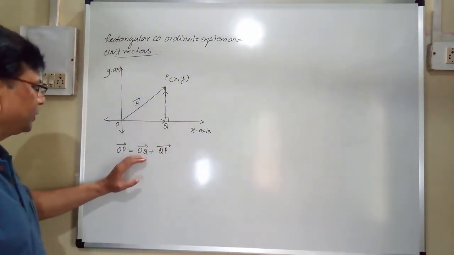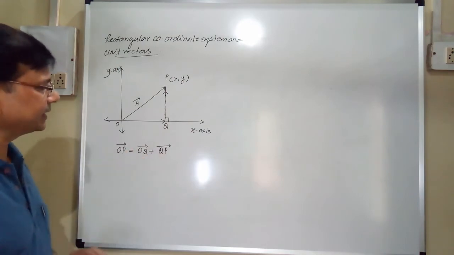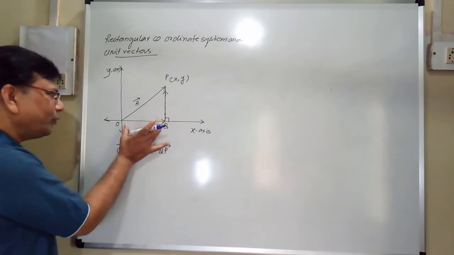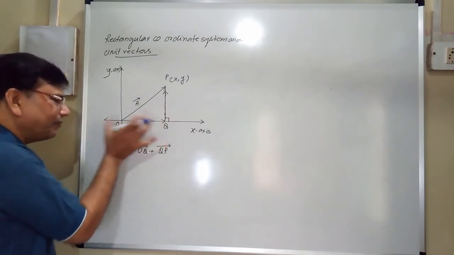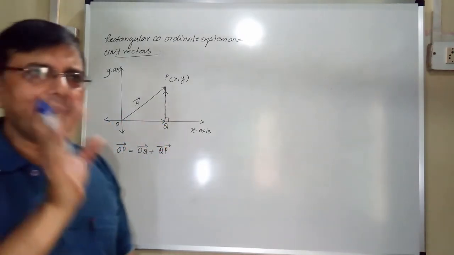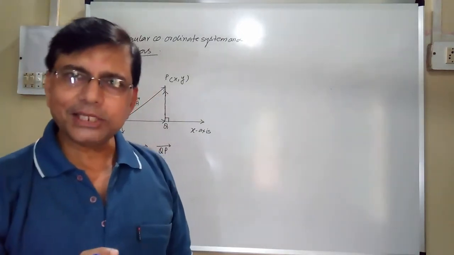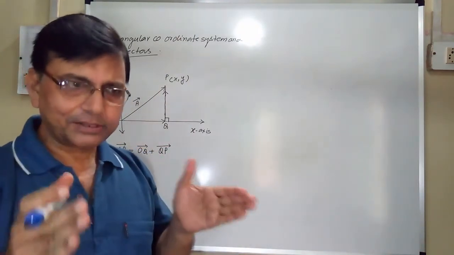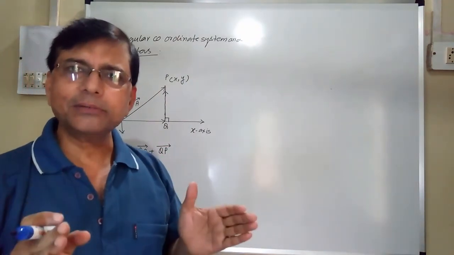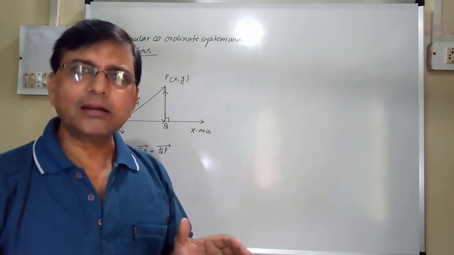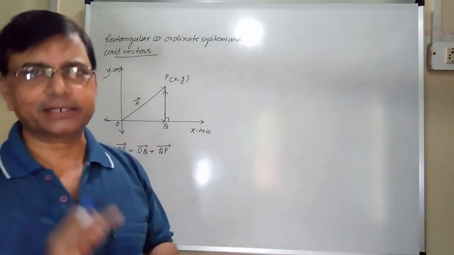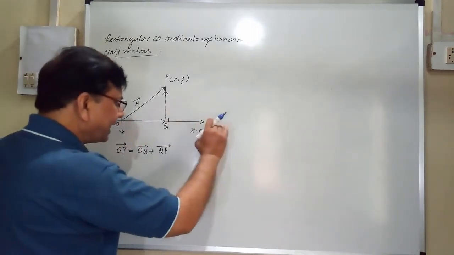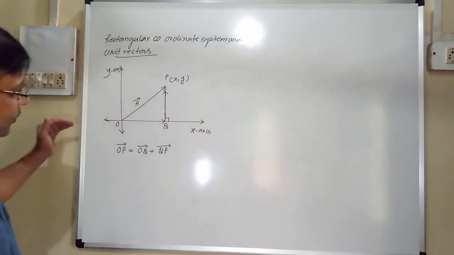Now, this vector OQ: we have already studied that any vector is represented by magnitude and direction. Magnitude means the length of the vector and direction means the unit vector along the direction of the vector. That we have already studied. Now, the unit vector along this tells the direction along the x-axis.